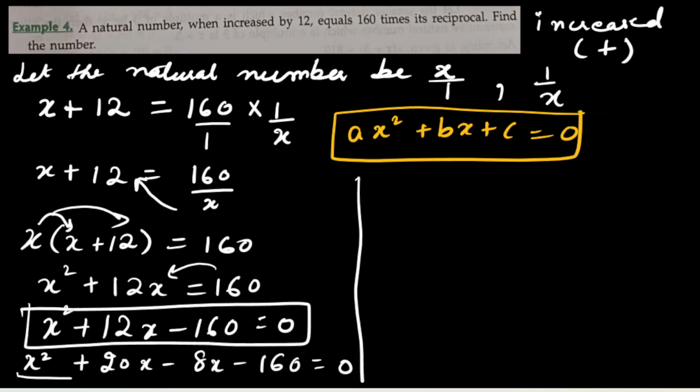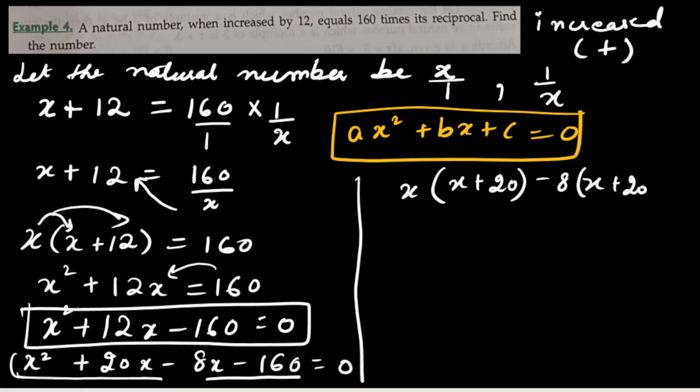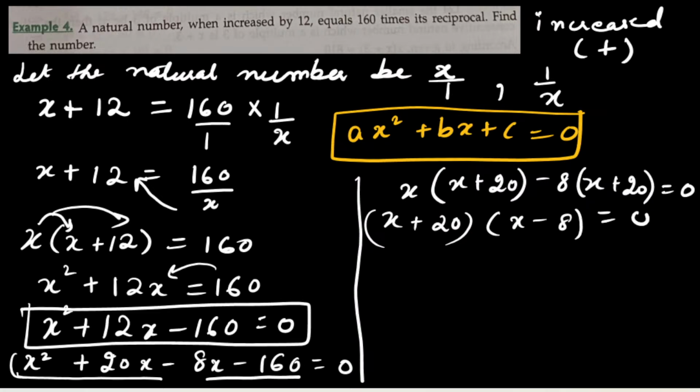So x square plus 20x is one pair, and minus 8x minus 160 is another pair. In the first I am taking x common, so x plus 20. In the second, minus 8 I am taking out common. Again x plus 20. So x plus 20 and x minus 8.